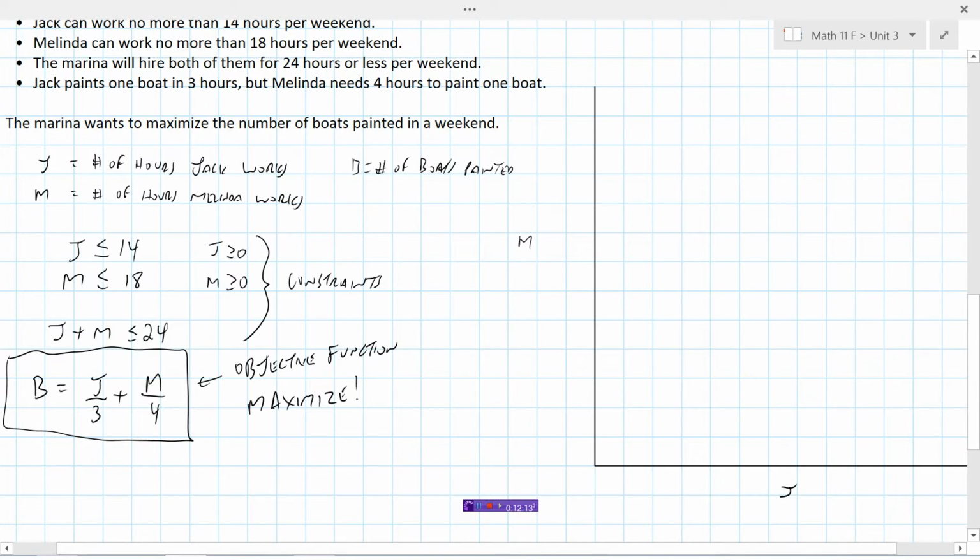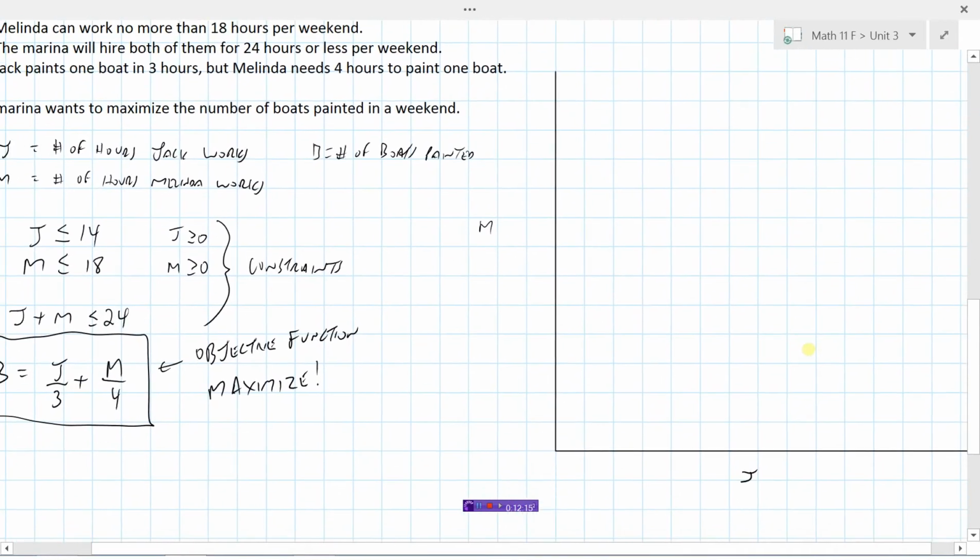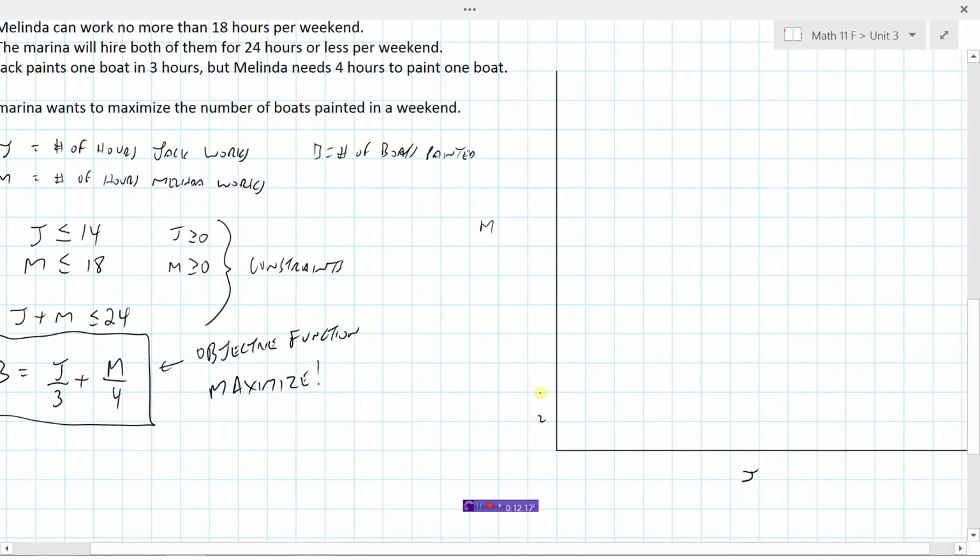J is less than or equal to 14. Well, I might decide to go up here by 2's. And we'll do this one by 2's. Okay, so J is less than or equal to 14.